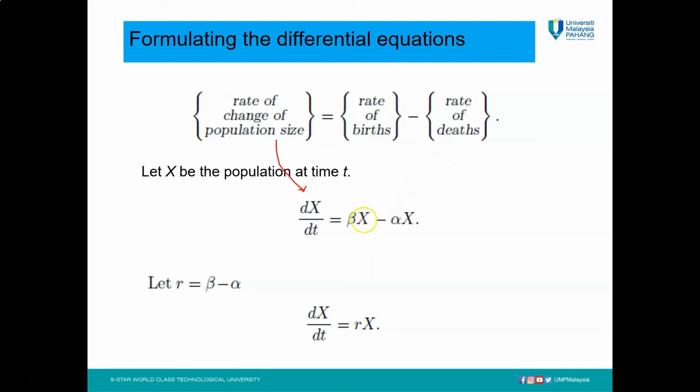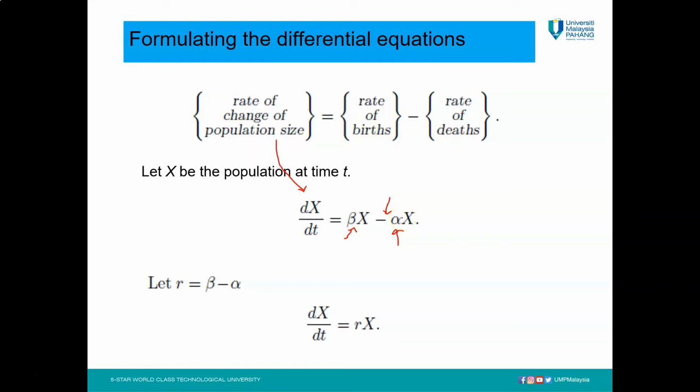So, we put a constant beta times x, and for rate of death, we put a constant alpha times x. And we have minus sign here. The minus sign is based on the compartmental model, input minus the output. The addition to the population is because of birth, and the reduction of population is due to the death.